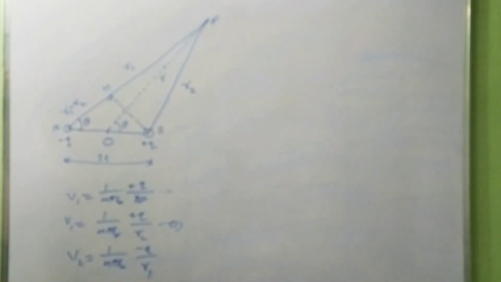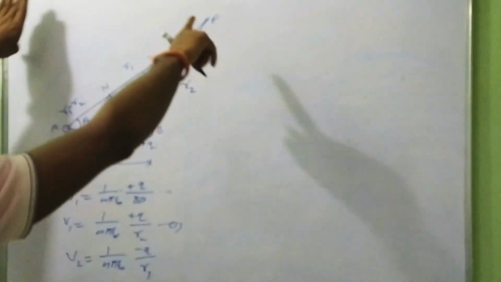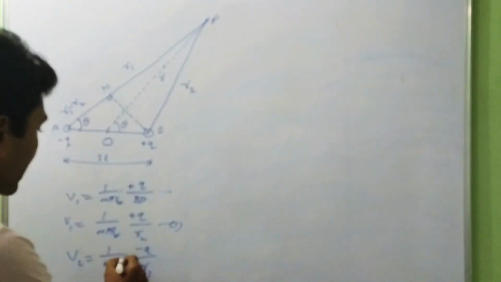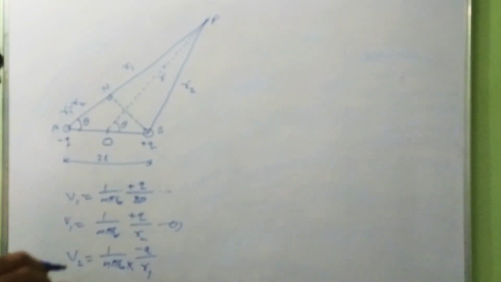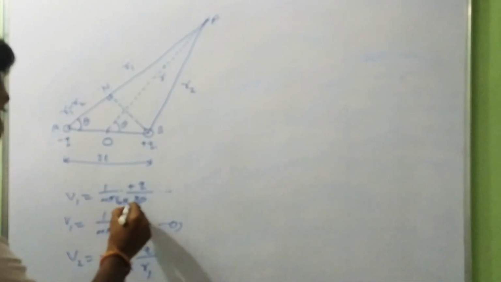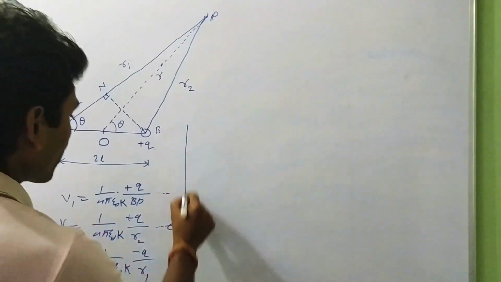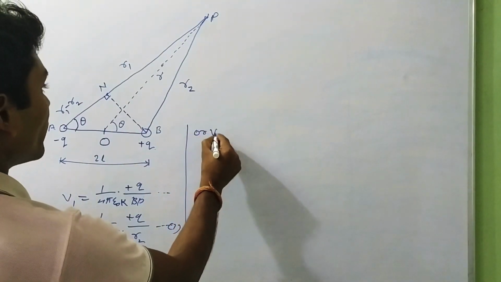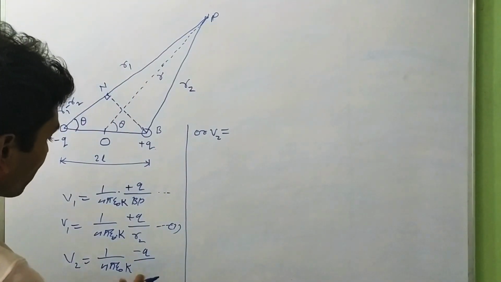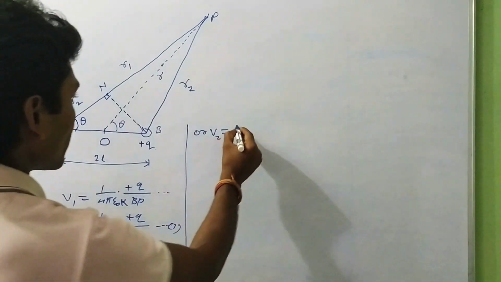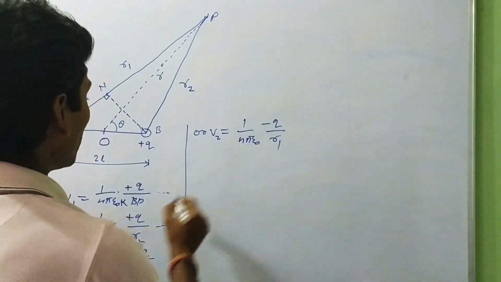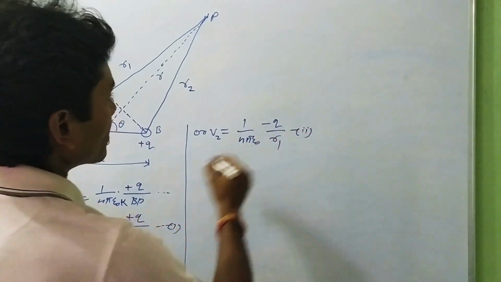Let the dielectric constant of the medium where the electric dipole is placed be K. So here also K will be there. V2 will be equal to 1 upon 4 pi epsilon naught K, minus Q upon R1, where R1 is AP. This one is equation second.